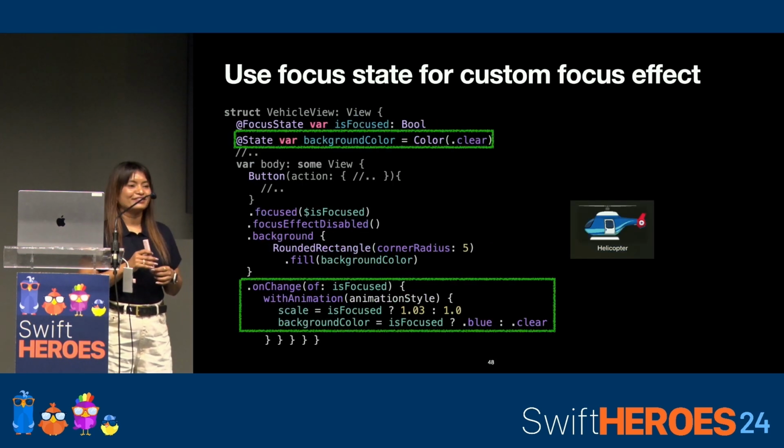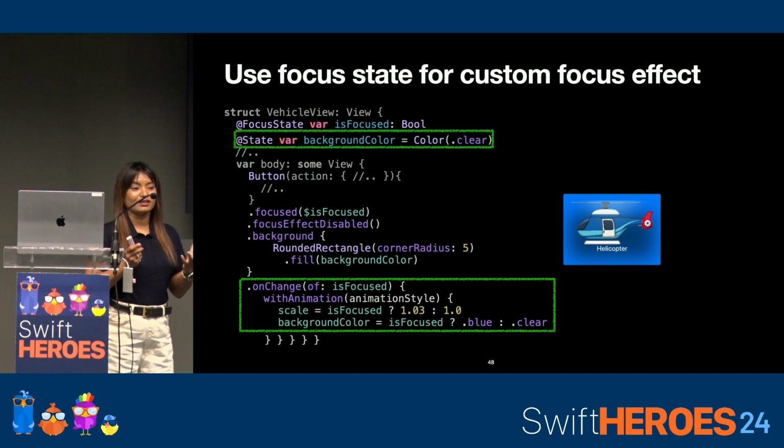But there is another approach, which is, in my opinion, slightly more flexible, and that's using the onChange modifier. You add an onChange modifier on the isFocused property, and it's going to call this closure on every single change. So in this case, when the focused property changes, this closure is called, and I can animate it like that.